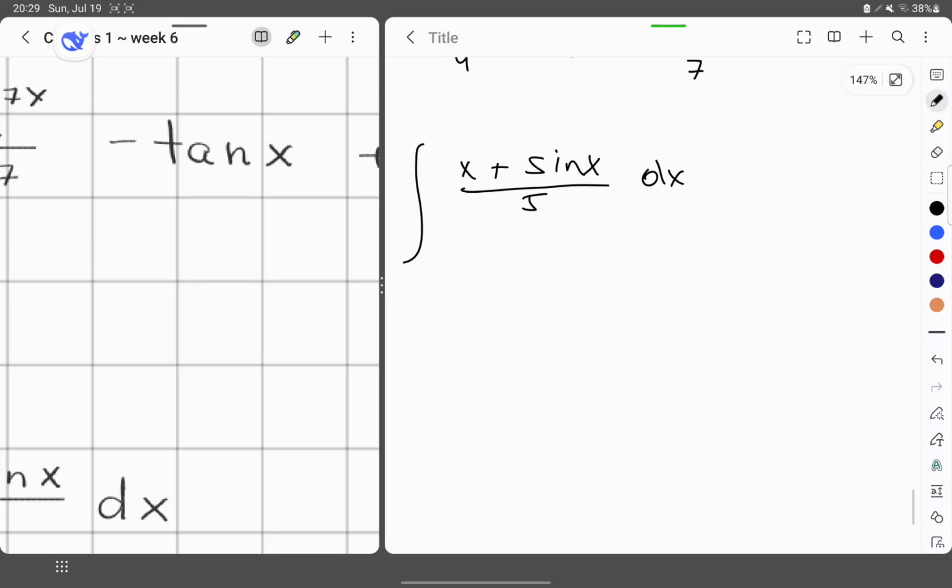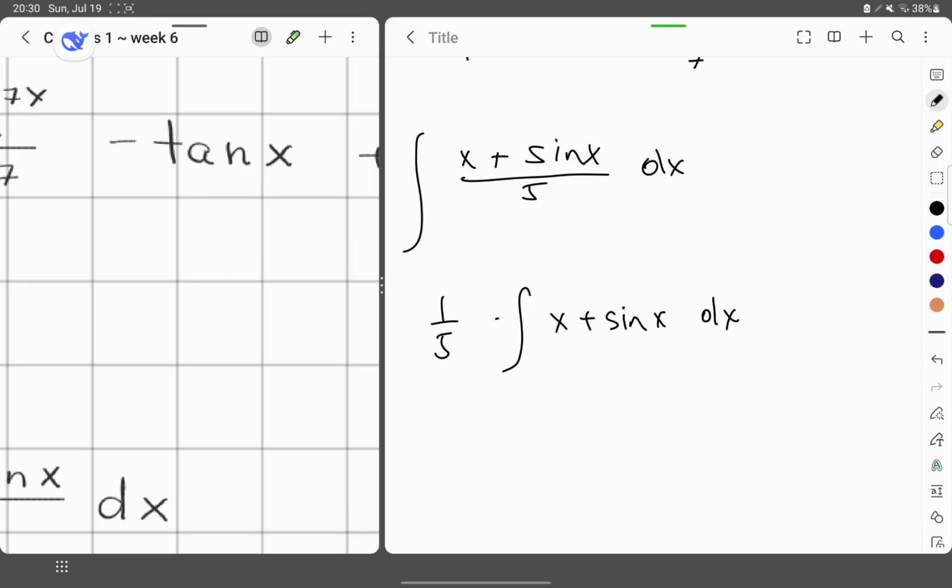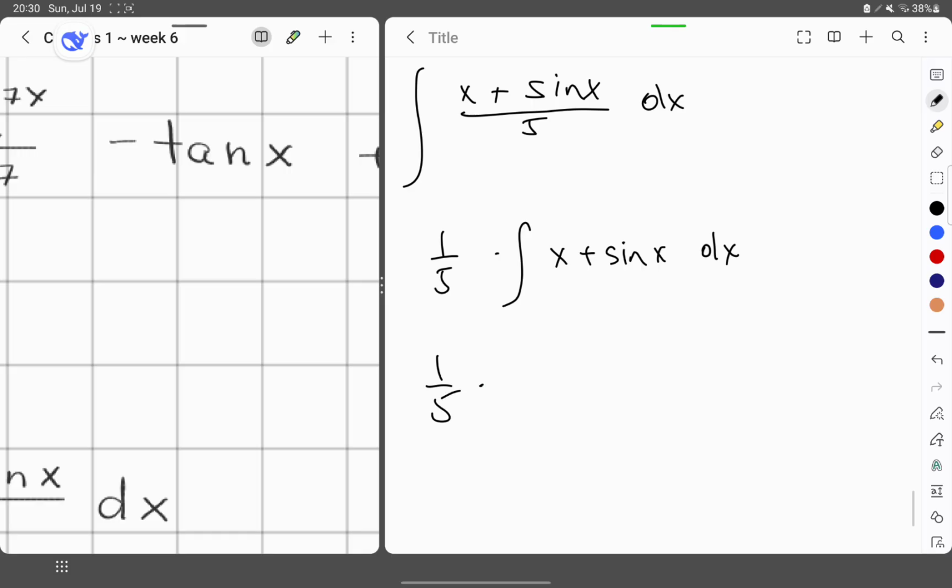Okay, it will be like what? 1 over 5 times the integral of x plus sine x dx, because a constant can be taken out of the integral. 1 over 5 times x will be what? x squared over 2 plus sine will be what?